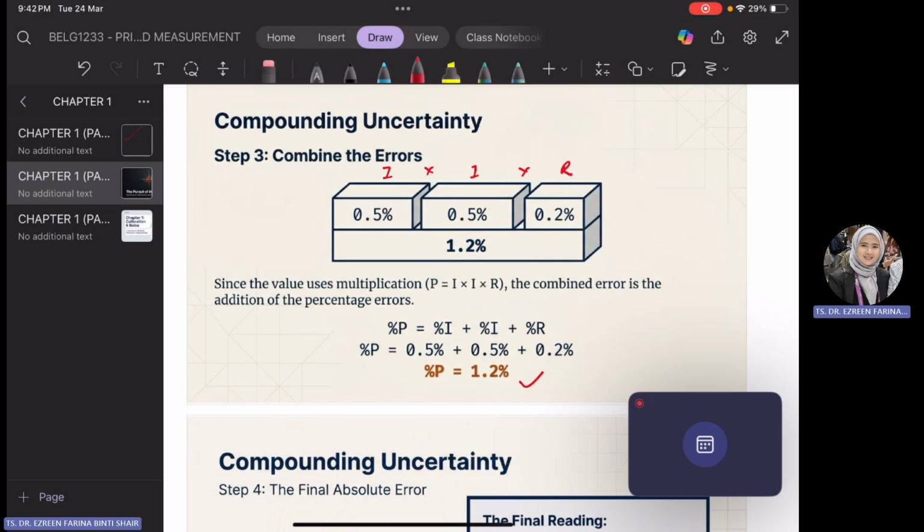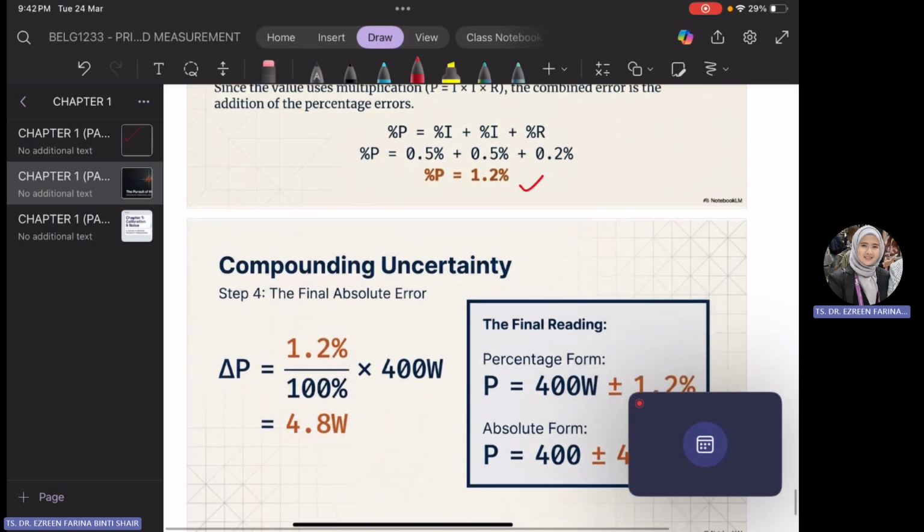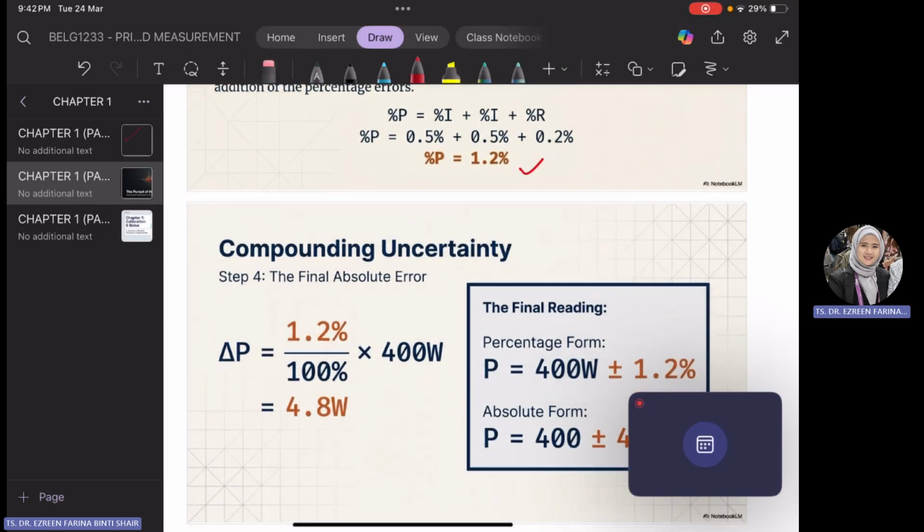So the final answer is 1.2%. This is the limiting error for the power dissipated in percentage.